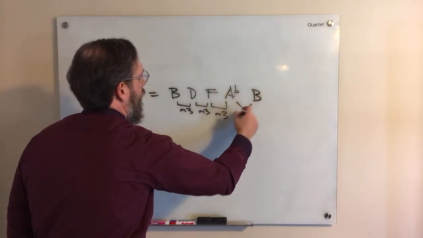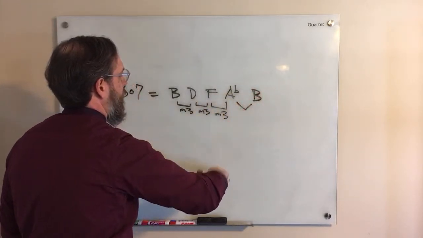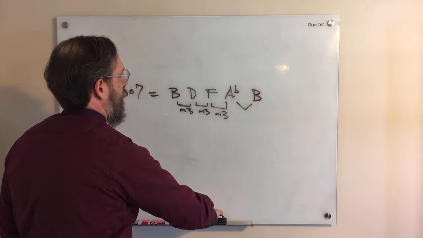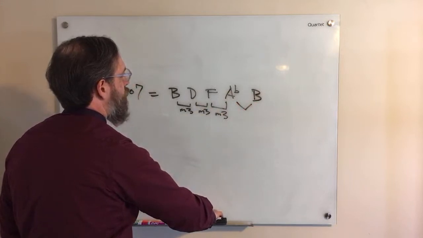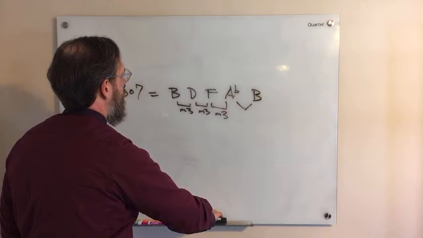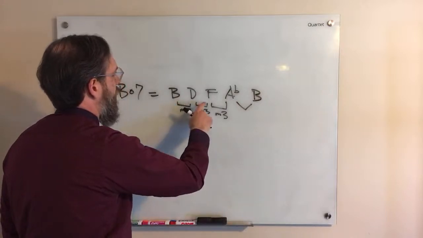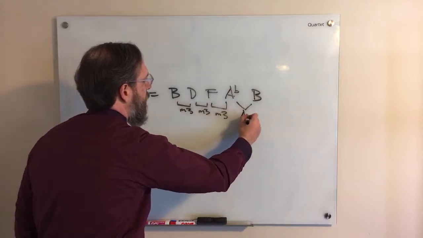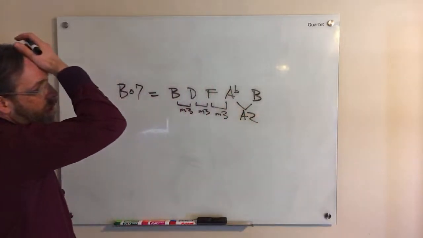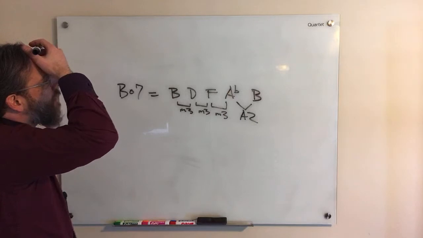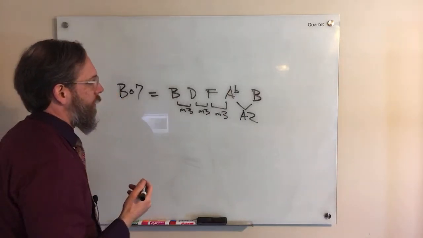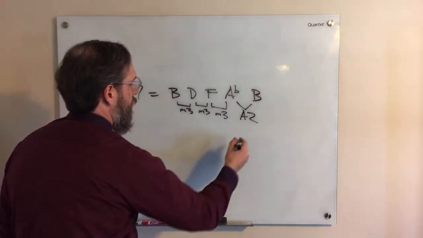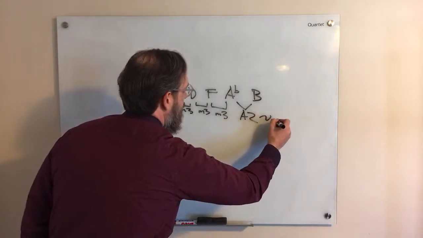So B, D, D, F, F, A flat. A flat to B is an augmented second, right? But we know an augmented second is enharmonically the same as a minor third.